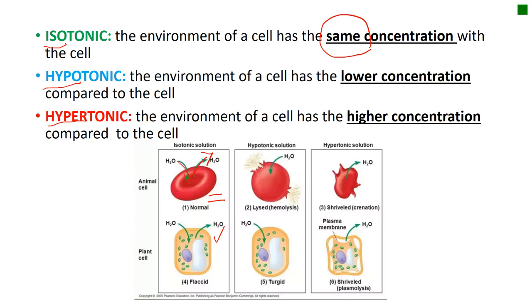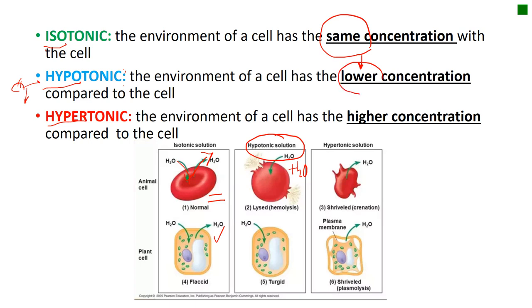However, when we talk about hypotonic, if you remember hippopotamus, that animal loves to be submerged under the water surface, just the face appears, right? So hypotonic indicates something lower. The environment of a cell has a lower concentration compared to the cell. Like in this illustration, hypotonic means there is lots of water.